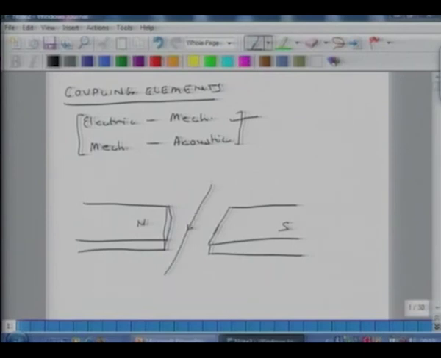And let's assume that the current flowing through this is I, and there's a potential difference across the conductor. And because there's a north pole and a south pole, you have a magnetic field which we label as B, and this is my axis system.